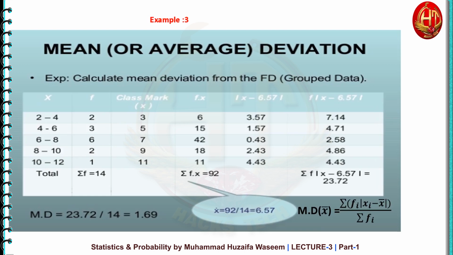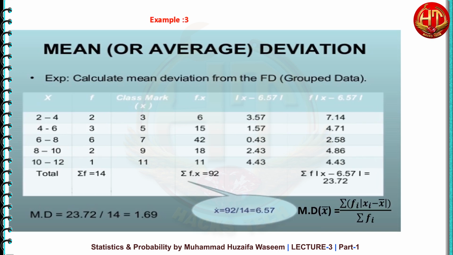After that, make the next column, which is absolute deviation. Xi value 3 minus the mean value 6.57, and then take the absolute value, which is equal to positive 3.57. Then the next value, 5 minus 6.57, and take the absolute value, which is 1.57.